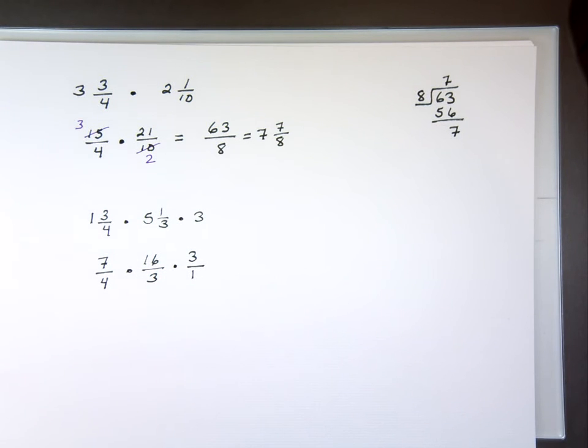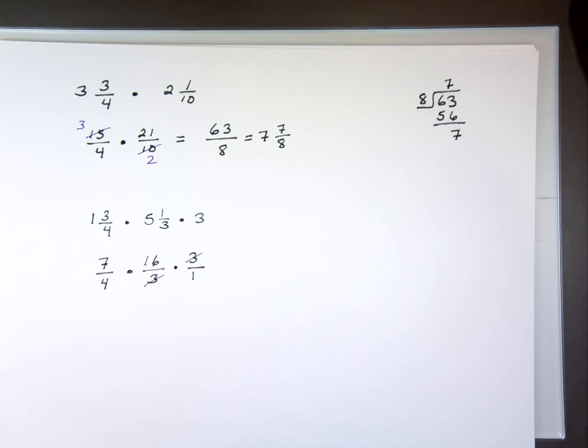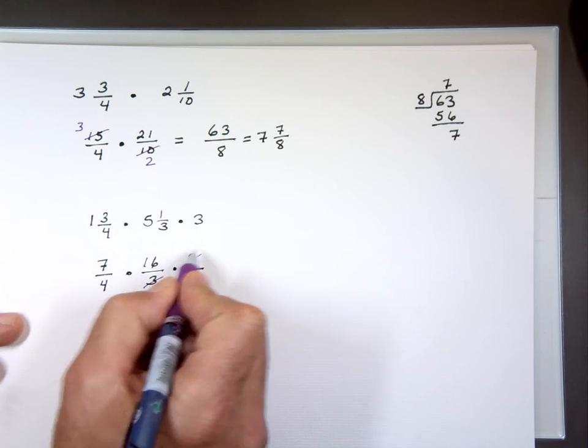And let me see top and bottom if I can simplify. The 3s will cancel each other out. You can divide them by 3, end up with 1s.